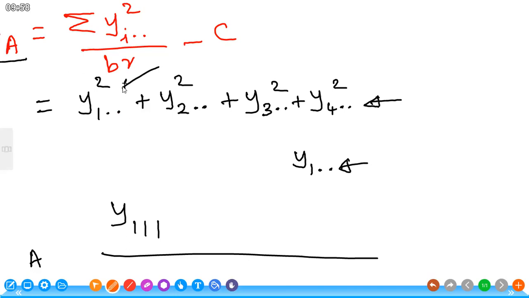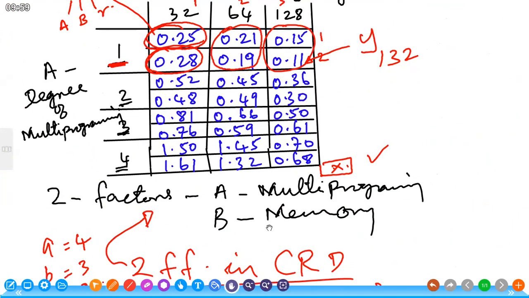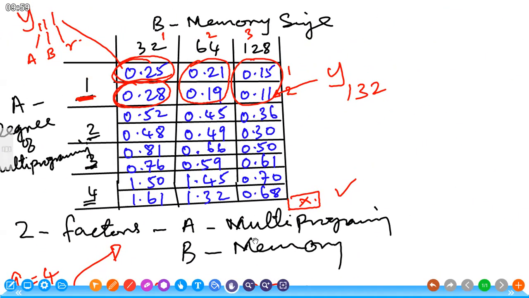So this is actually the total square of the first level of factor A. You add all the values belonging to the first level of factor A. First tell me what are the observations that you are going to add.